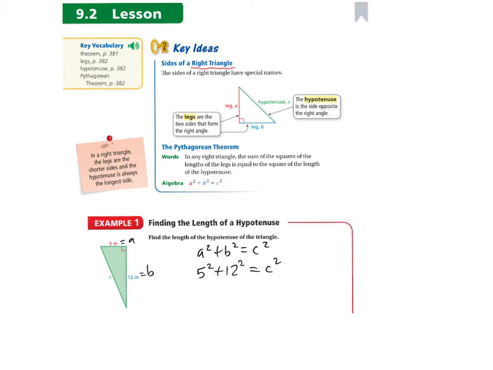So this c squared is going to be this thing over here. And so we have 25 and we have 144, and then we add those together, and c squared is going to be equal to 144 plus 25, 169.